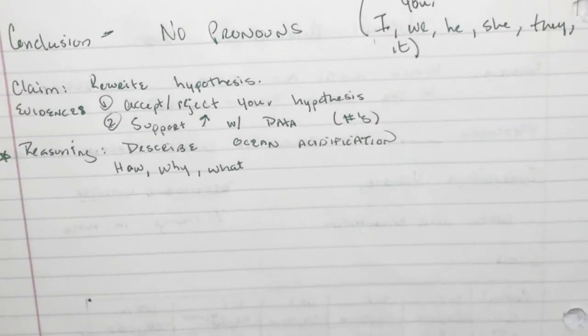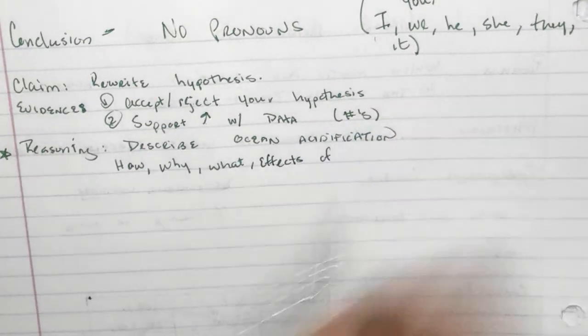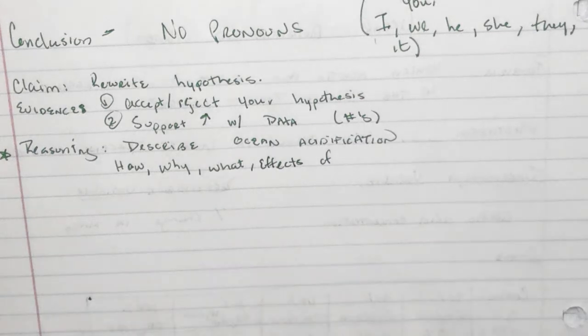Okay, so this needs to be a well-written conclusion, written with all the appropriate grammar and no crappy spelling. You have plenty of ways to figure out how to spell something. So use your Google to figure out how to spell something. If you don't remember the how, the what, the why of ocean acidification or the effects of ocean acidification, check it.